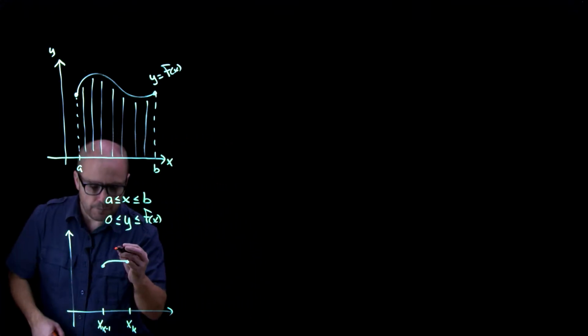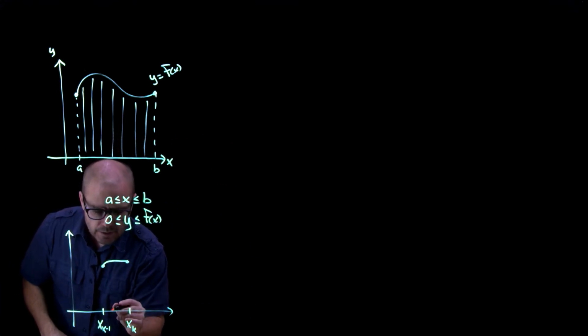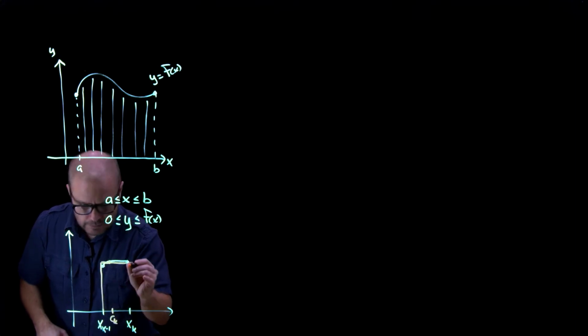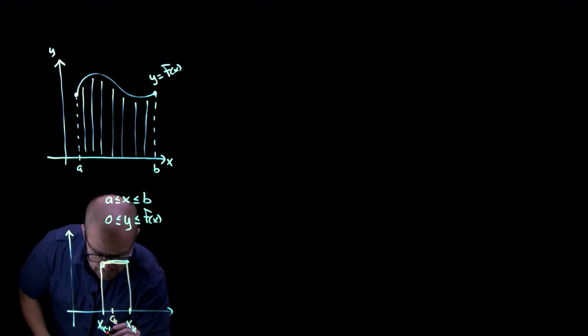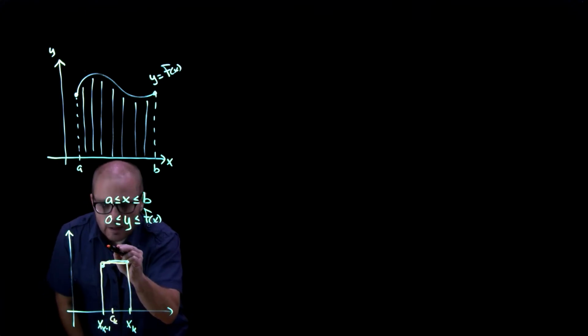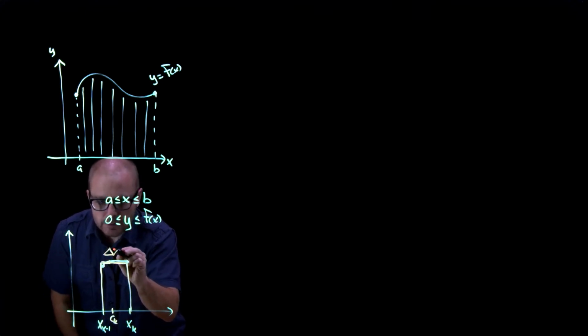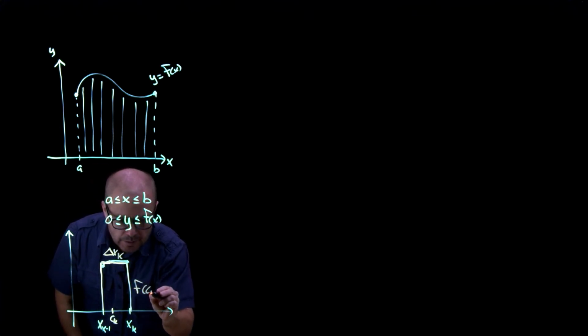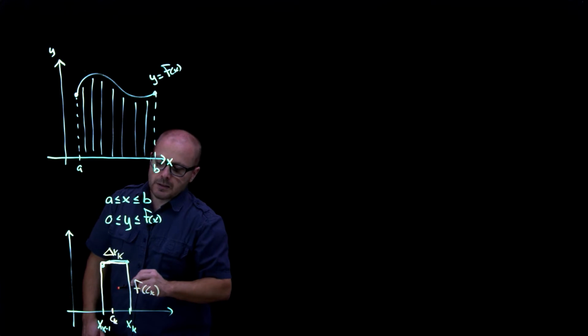So you had some c sub k in there that you evaluated the function at, kept things constant, and created a rectangle, right? The base here was, I'll write it up here, delta x sub k. And the height was whatever the function was at c sub k.